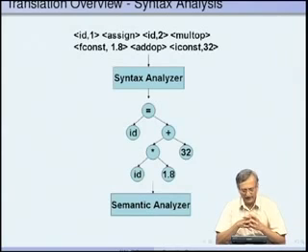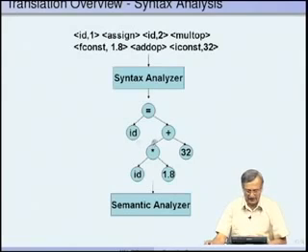The syntax analyzer would look at the stream of tokens that is coming into it. It uses a context free grammar to check whether the rules are all appropriately satisfied. And then it constructs what is known as a syntax tree. Here is a syntax tree for the assignment statement.